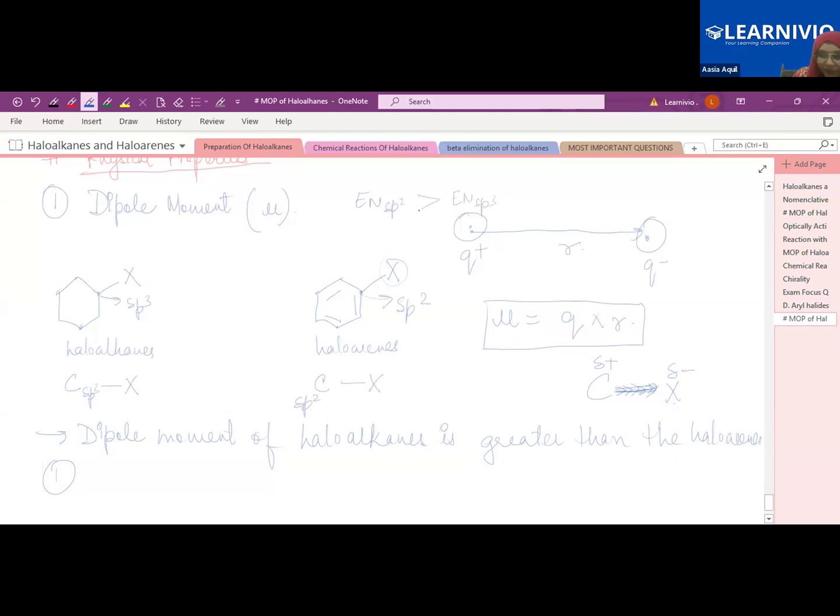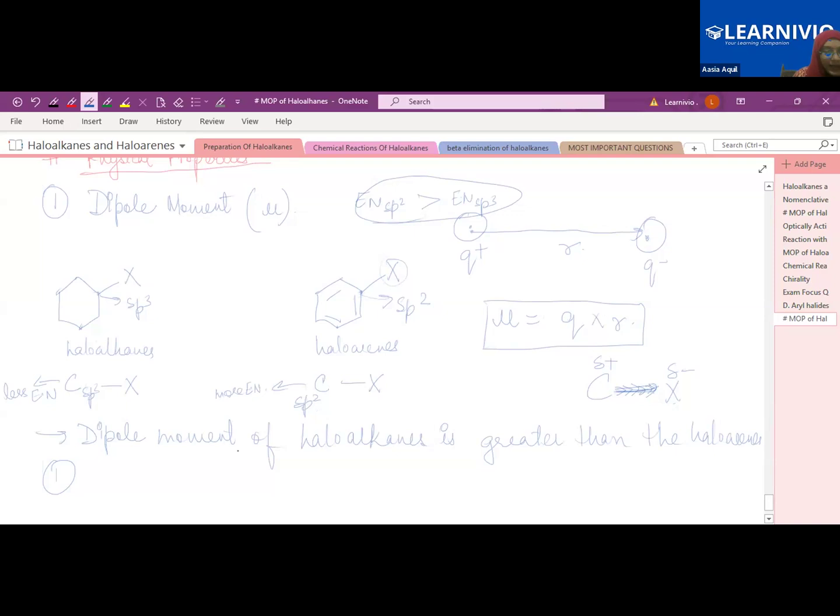Just remember that, right? So this one is less electronegative, and this carbon is more electronegative.